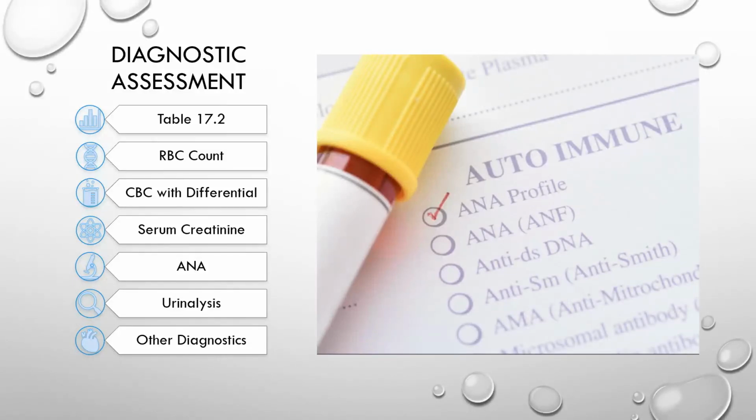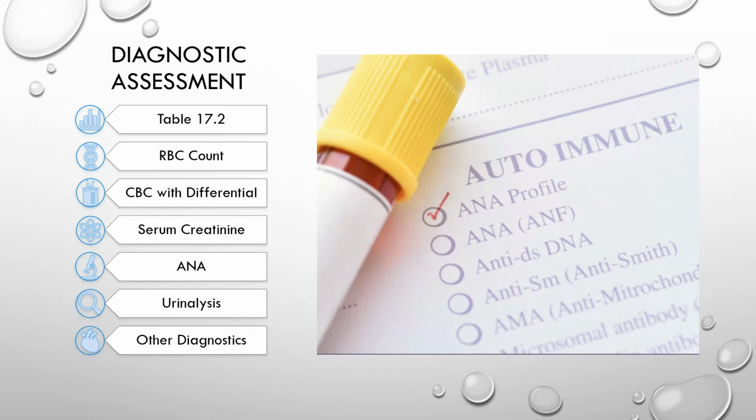So for example, if they came in having some cardiac involvement, well then they might have some chest pain. So then we're going to have to do an EKG to rule out any EKG changes that could be present. If there's kidney impairment that shows up on our lab work, we might have to do a renal ultrasound to make sure there's not just an acute kidney injury or obstruction or something like that that could be causing the kidney problems.